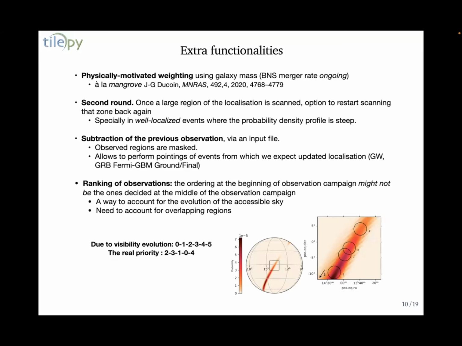At the beginning of the night, you will have 0, 1, 2, 3, 4, 5. Actually, 5 is not there, so only until 4. So you see 0, 1, 2 is over here, covering a better region, then 3 and 4. This is the beginning of the night, because the accessible region of the sky is going like this, this zenith angle cut. It's moving in this direction.